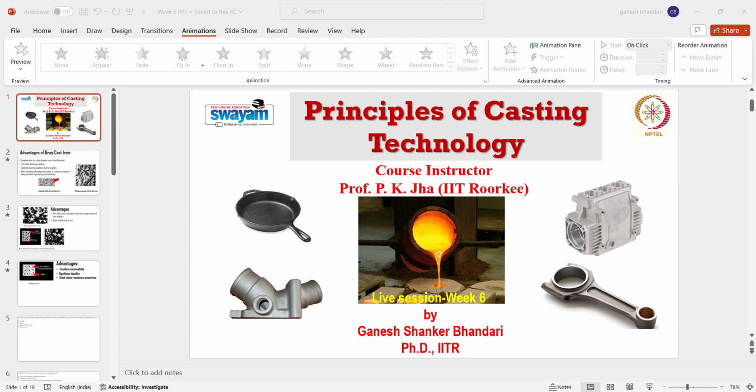So iron, carbon, nickel and chromium, all four are used in stainless steels. When we talk about only iron and carbon, that can be mild steel or that can be cast irons only. So when we talk about mild steel or cast iron, we talk about only iron and carbon.